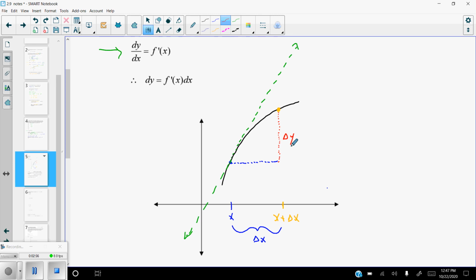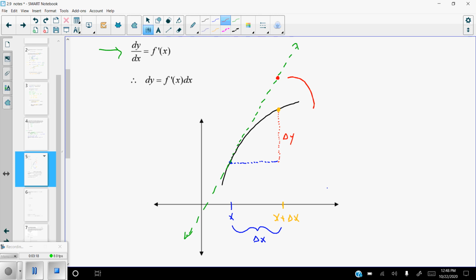However, if we were to use the tangent line approximation, the tangent line approximation is actually going to be up here. That would be the y value that's associated with the tangent line based upon the x plus delta x value. Well, there's an actual change from our blue point up to that red point as well.